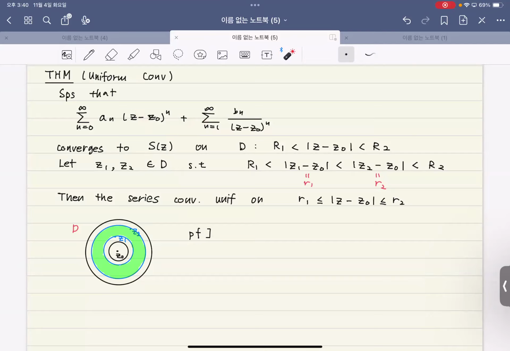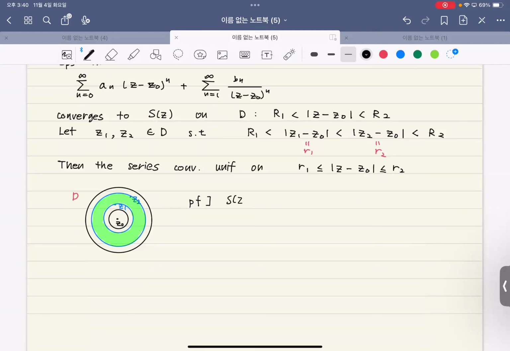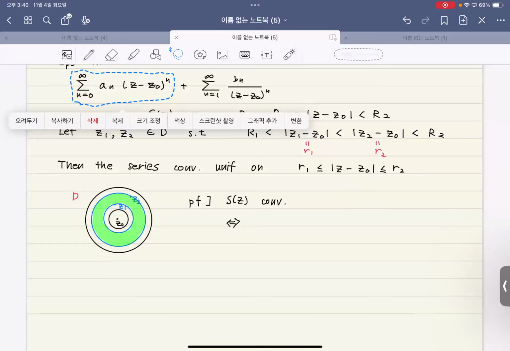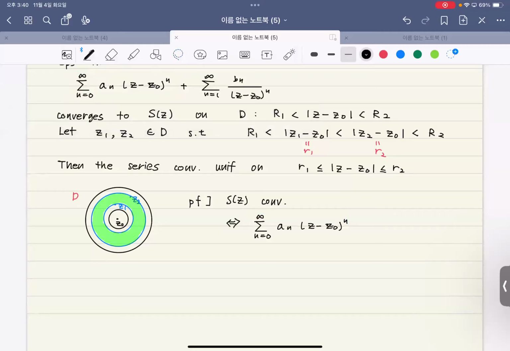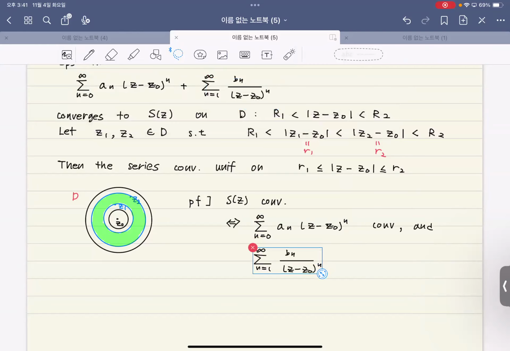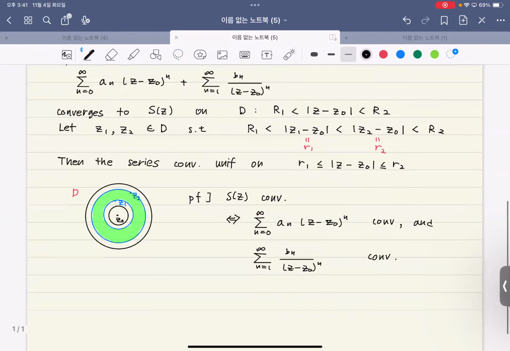Both of those two infinite series converge.